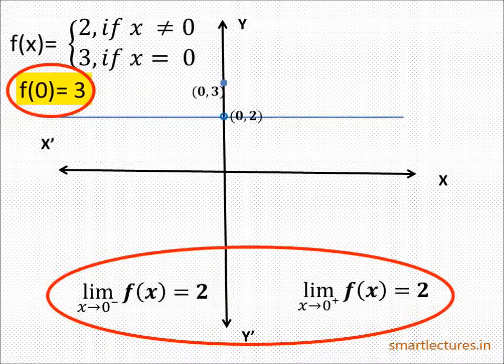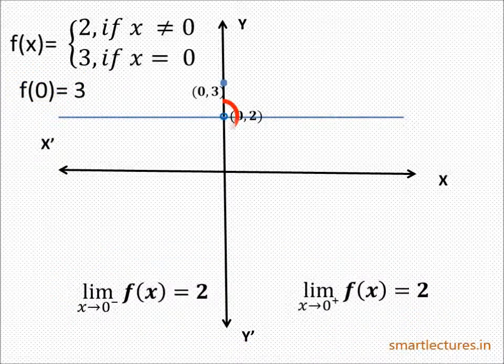So this is another example of a function which is not continuous at x equal to 0. This again confirms that a function is not continuous if we cannot draw the graph of the function around a point without lifting the pen or pencil from the paper. And this function is the example of the same.